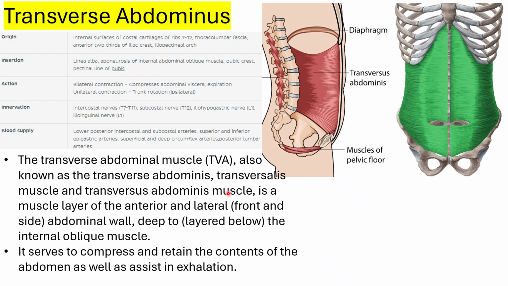The transverse abdominal muscle, TVA, also known as transversus abdominis, is a muscle layer of the anterior and lateral, front and side, abdominal wall, deep to the internal oblique muscle. It serves to compress and retain the contents of the abdomen as well as assist in exhalation.